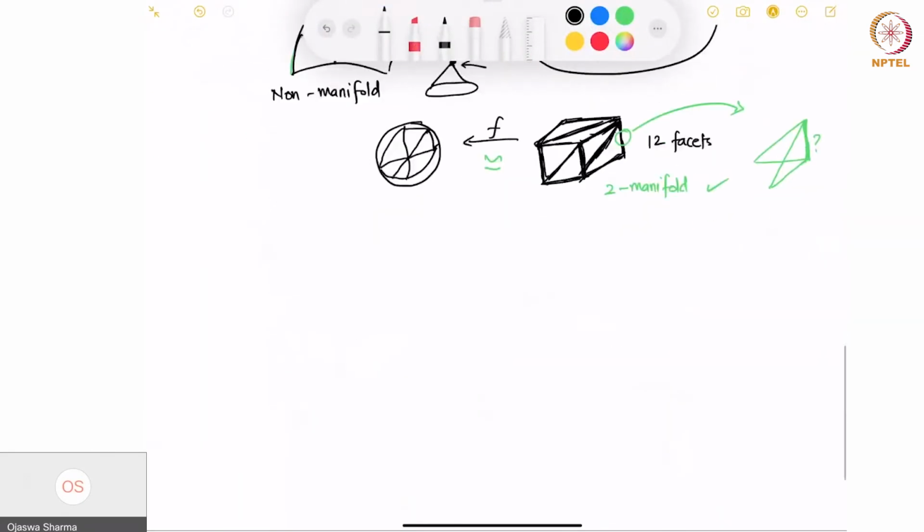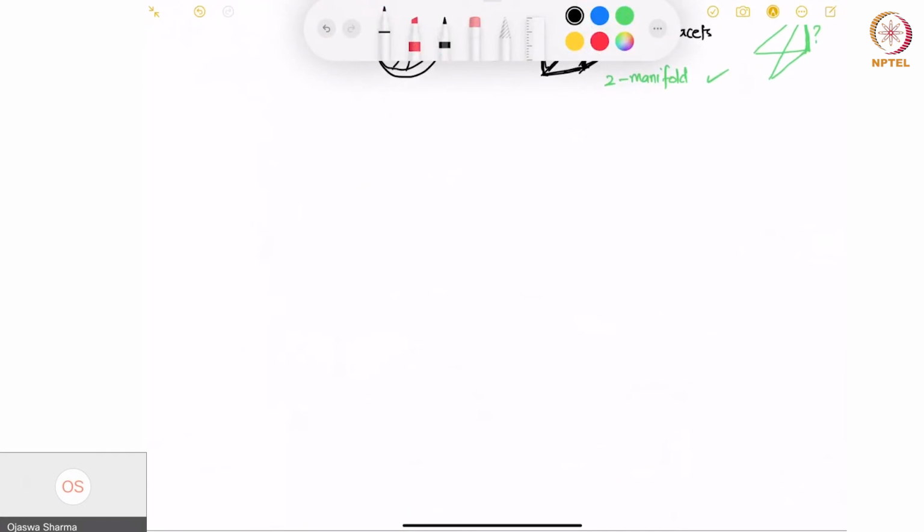All right. So the half edge data structure. You have one half edge, let's call it E, and another half edge, let's call it E opposite.